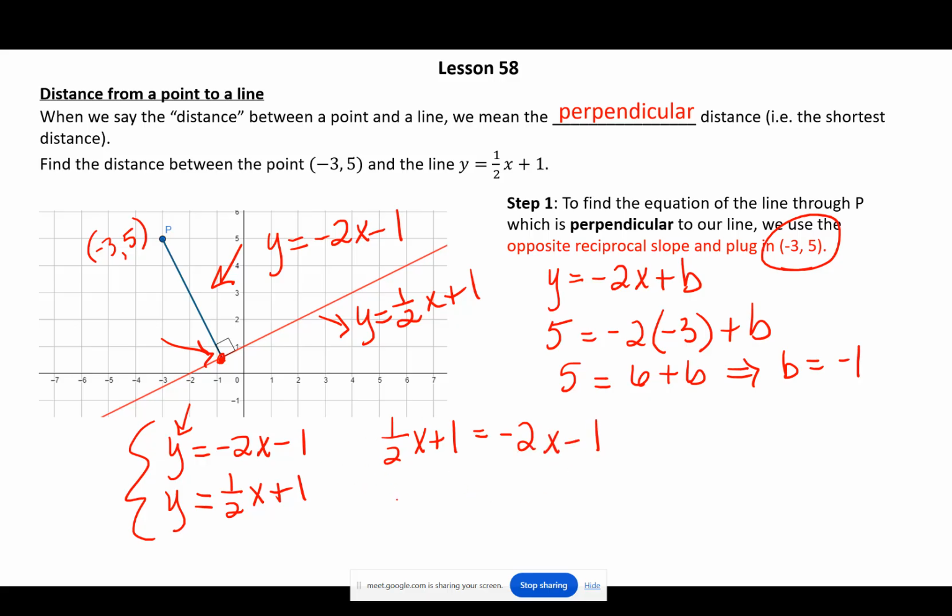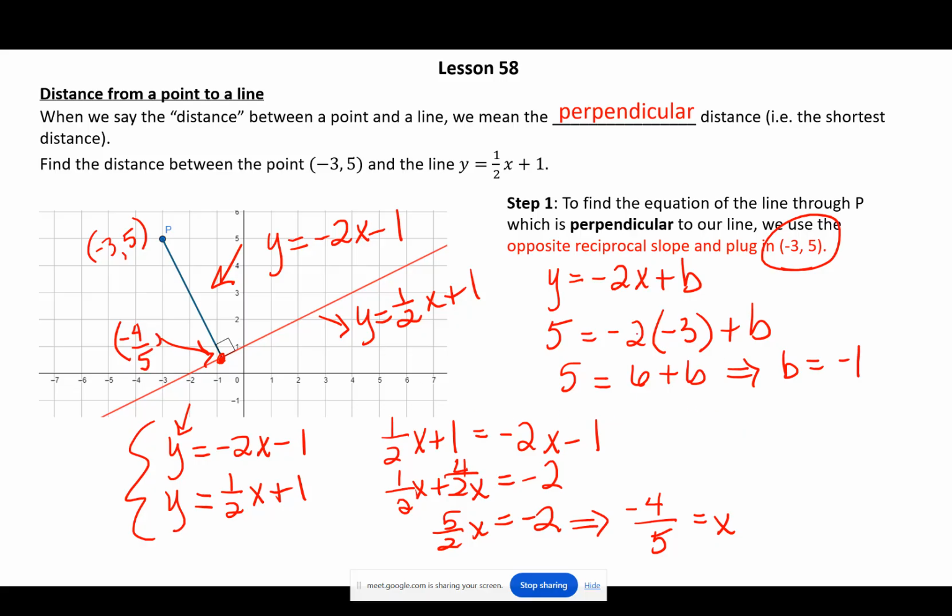If I subtract 1/2 x on both sides and add 1 on both sides, I'm going to have 2 is equal to negative 4/2 minus 1/2, which is negative 5/2 x. And so x is going to equal negative 4/5. That point has an x coordinate of negative 4/5.